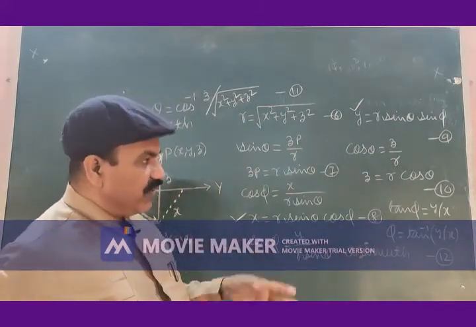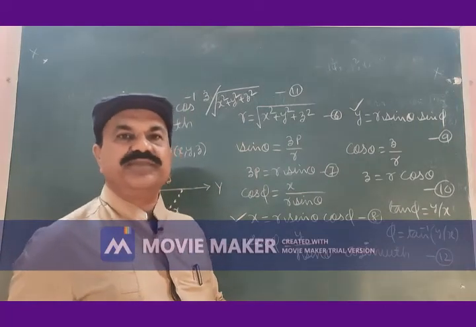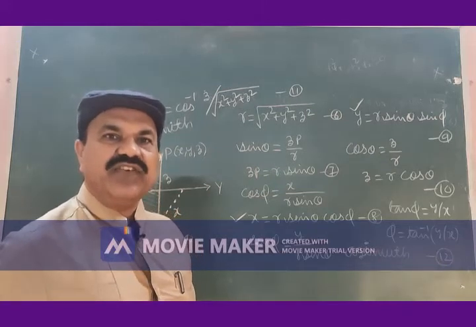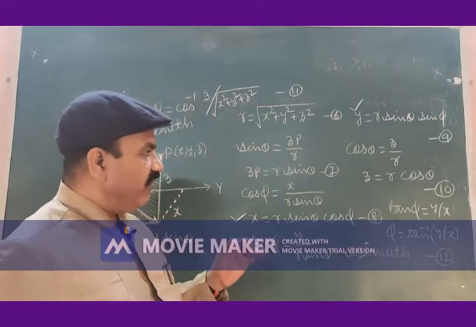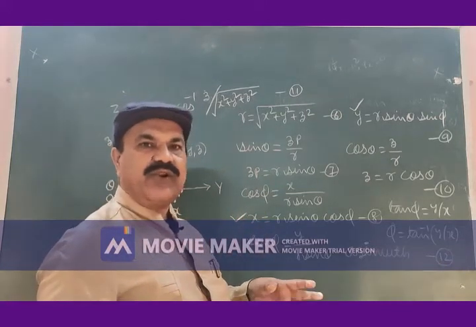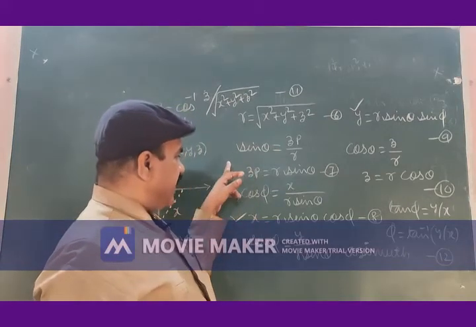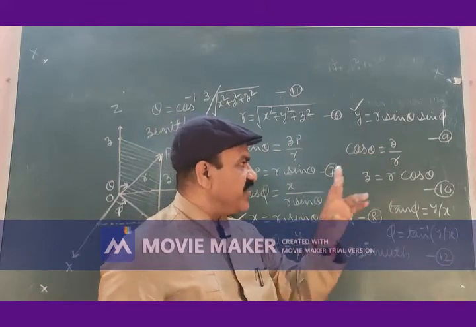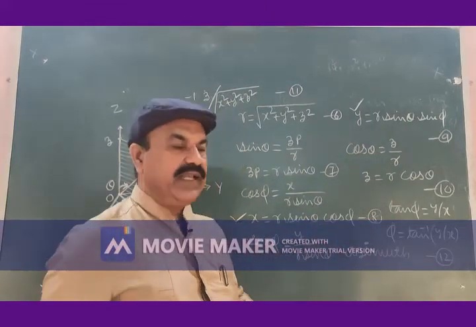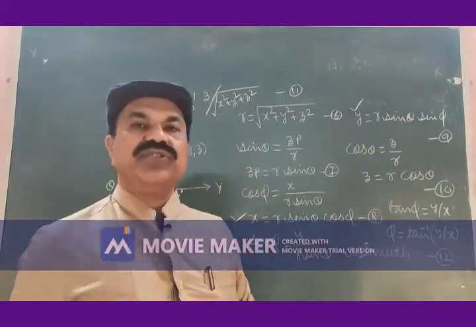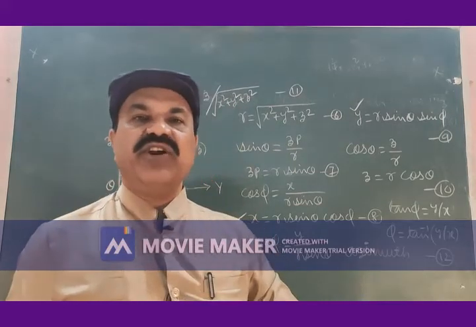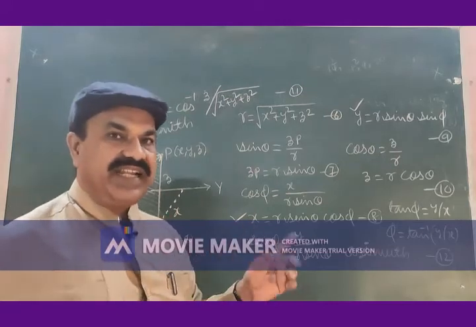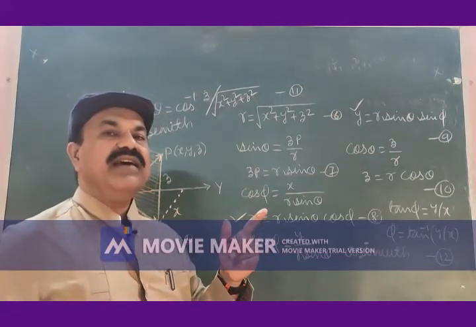Once we know values of x, y, z, we can find values of r, theta and phi. Similarly, if values of r, theta and phi are known, we can express x, y, as well as z in terms of them.